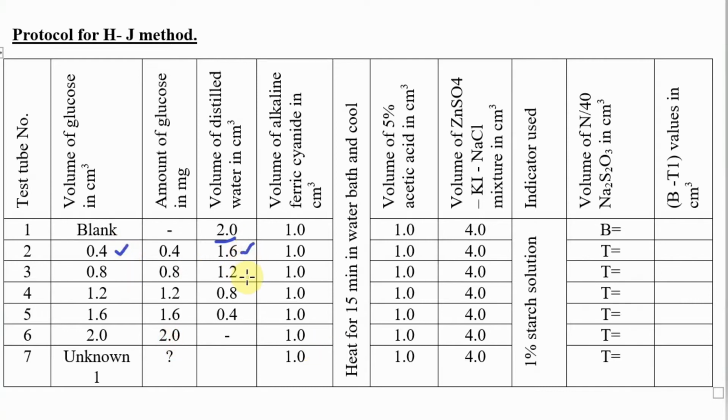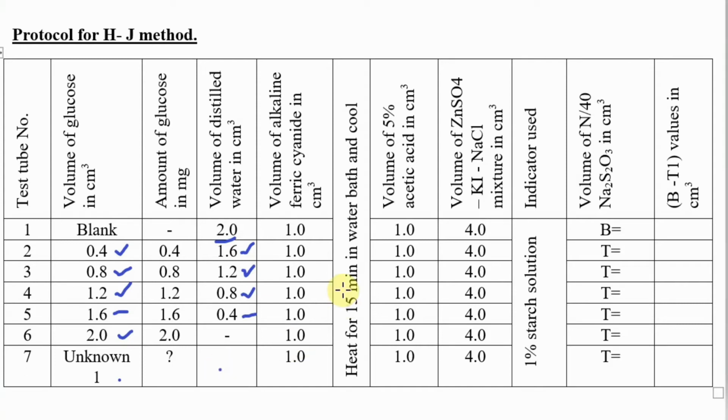In the third, 0.8 ml of glucose and 1.2 ml of distilled water. In the fourth, 1.2 ml of glucose and 0.8 ml of distilled water. In the fifth, 1.6 ml glucose solution and 0.4 ml of distilled water, and in the sixth, 2.0 ml of glucose and no water. Glucose is nothing but a reducing sugar.